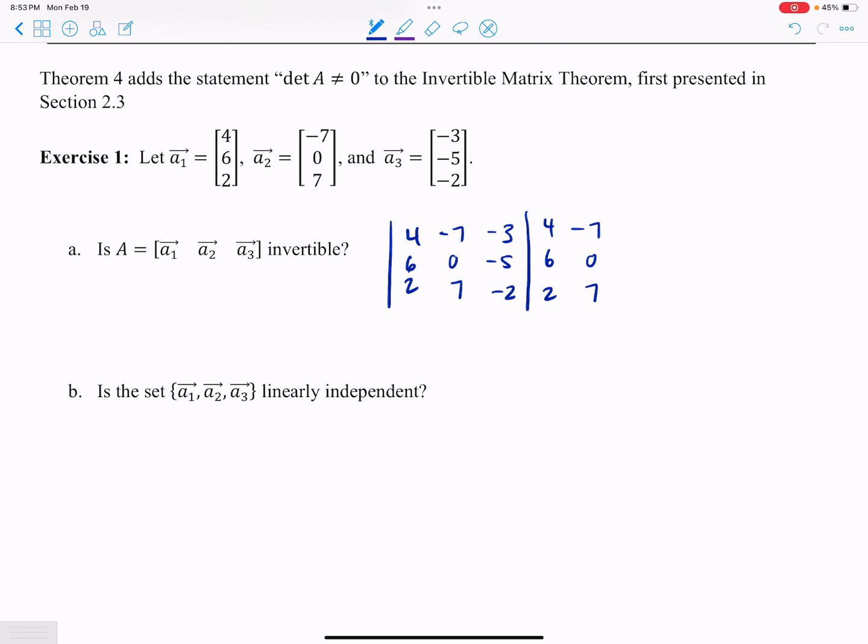So I rewrote the first 2 columns. I'm going to multiply down each of these, and I'll get 0, 70, and then 42 times 3. Then multiply up.